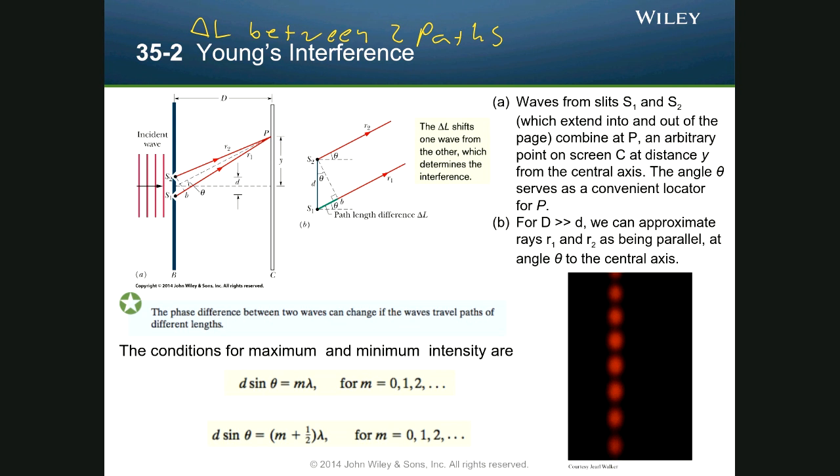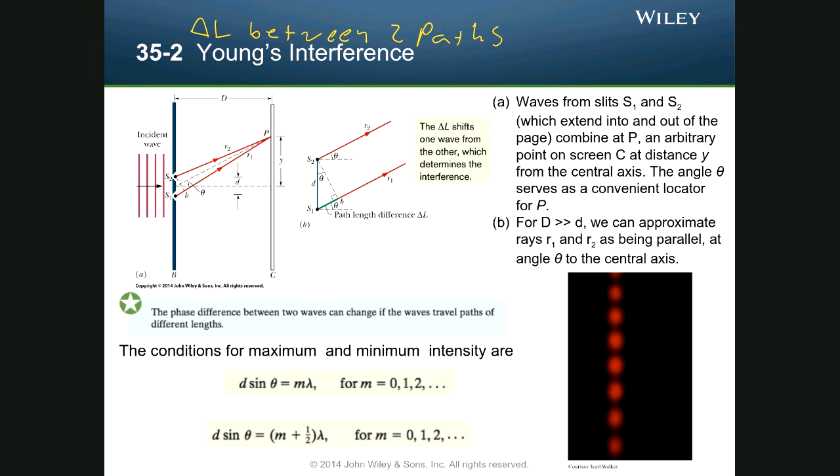Well, let me ask it a different way. Is constructive interference the one where all the sound cancels out, or the one where they all add up? Constructive is the one where they all add up.